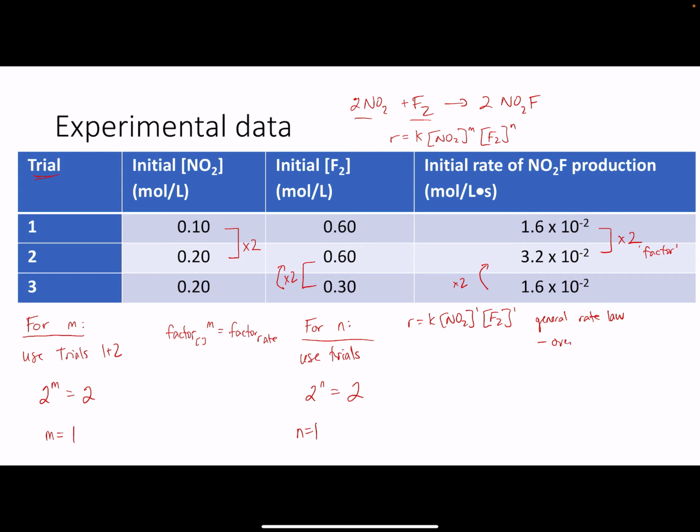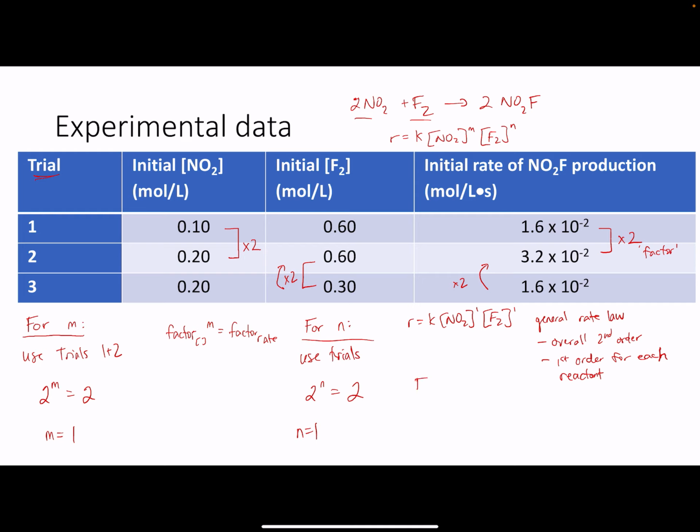It means it's an overall second order reaction, because we added the exponents, and it's first order for each reactant. So whatever we change those by, the rate will change by. And if we double both, then the rate doubles two times, it actually quadruples. So we multiply the effects of each of those.